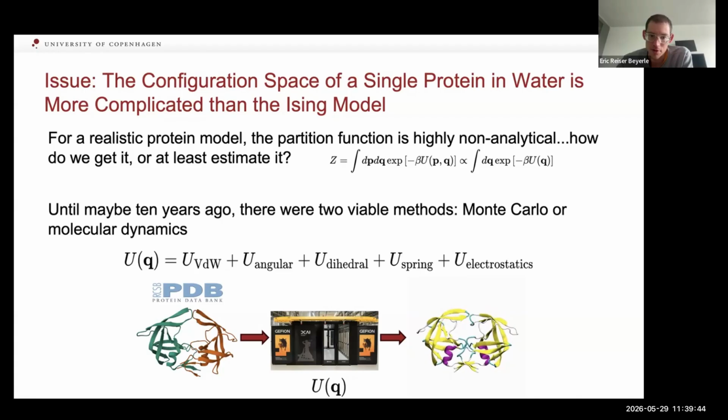Once we have forces, and a starting position from, say, a crystal structure deposited in the Protein Data Bank, we can use this energy function. We calculate the forces, we have an initial condition, and we update the positions and velocities, normally using GPUs on supercomputers.